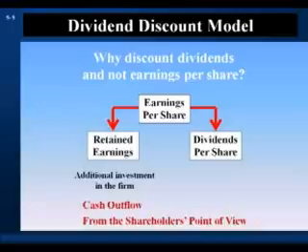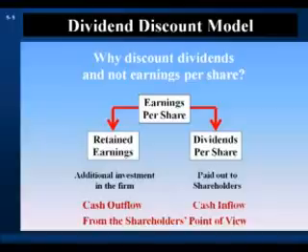So retained earnings are cash outflows from the shareholder's point of view. Dividends are paid out to shareholders, and these dividends are the cash receipts from the investment in common stock. So dividends are cash inflows from the shareholder's point of view.